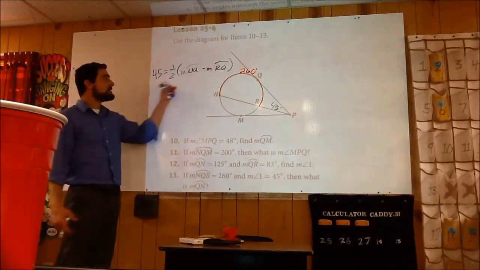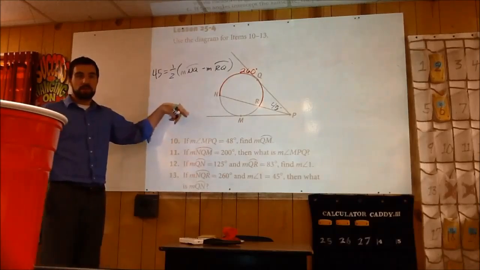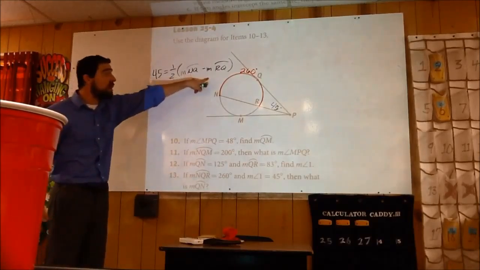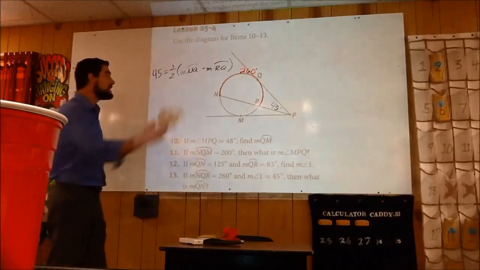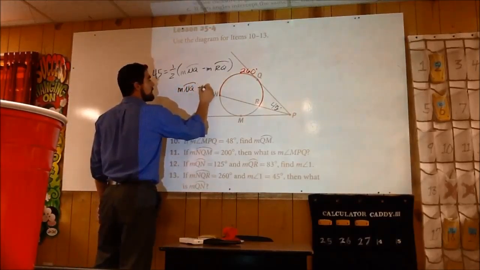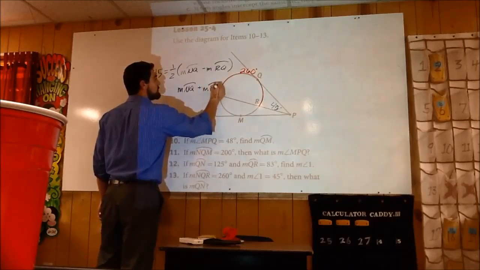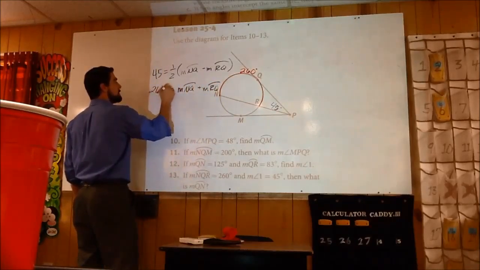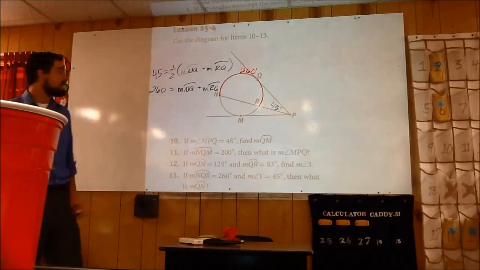So again, we run into this issue where we have one equation with 2 unknowns. Well, we can write another equation that involves these 2 unknowns, and that is that they sum up to be 260 degrees. And so it'll be the same exact process.